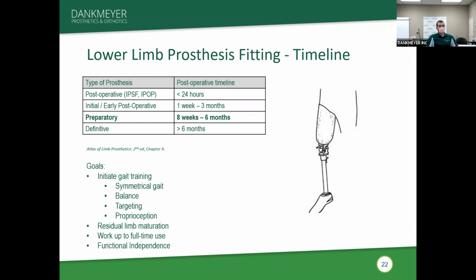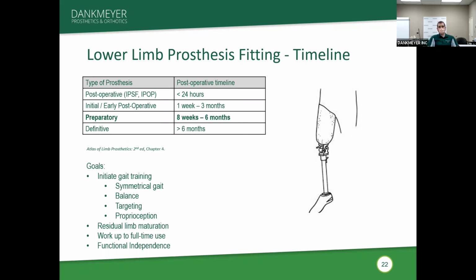During this initial use, we're going to work up to full-time use. It's not expected that patients will take their prosthesis home and immediately start using it and be able to tolerate it all day. It's definitely discouraged. We have wear schedules that we provide every patient when they get a new prosthesis.